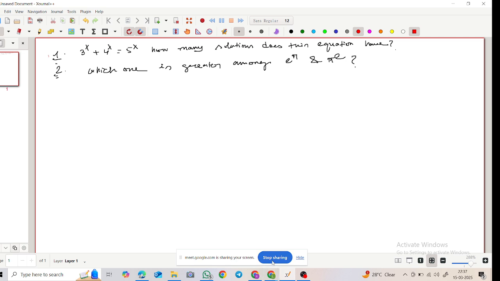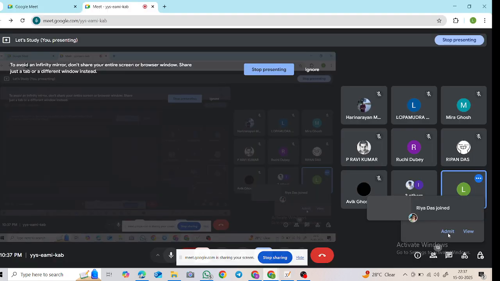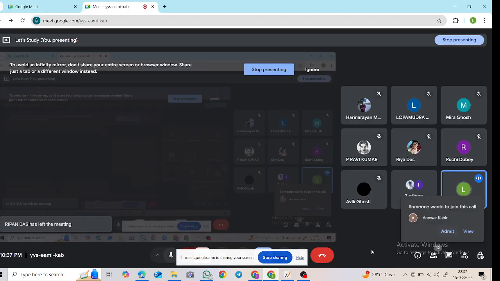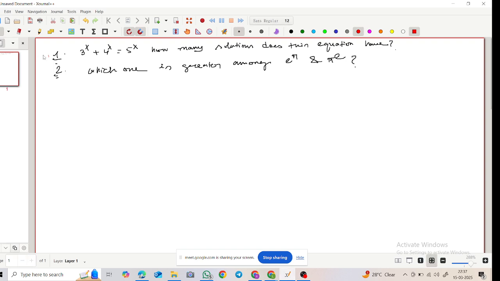He used to be my teacher actually. In the first class he gave me this problem, which was given by another one of my teachers from ISI, B.Stat M.Stat also. Abhijit Kumar Datta was his name. So please, any one of you, how to solve this?